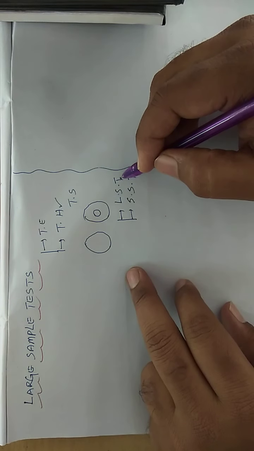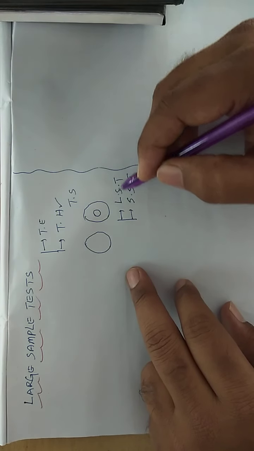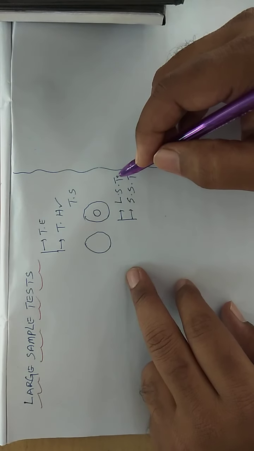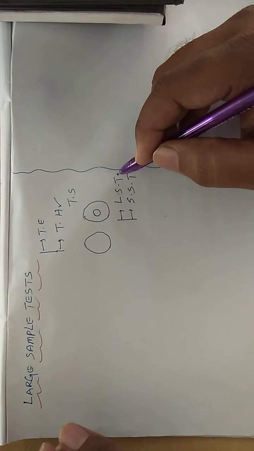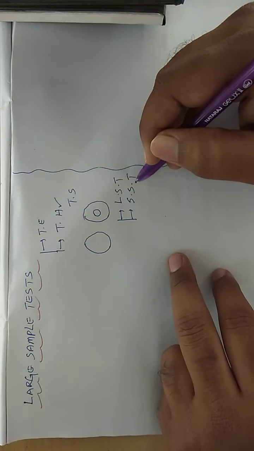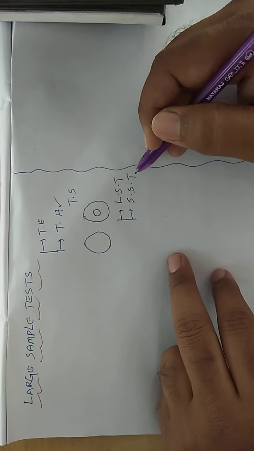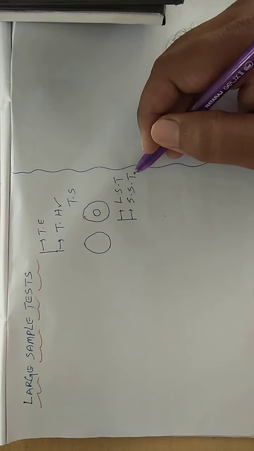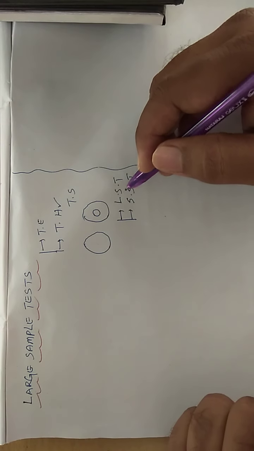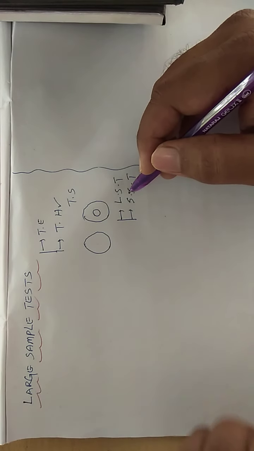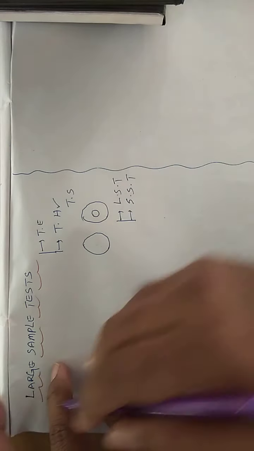The statistical tests which are based upon the large sample are known as the large sample tests. The statistical tests which are based upon the small sample are known as the small sample tests. That means both these tests are based upon the size of the sample.